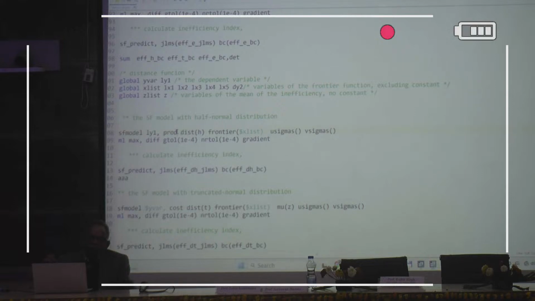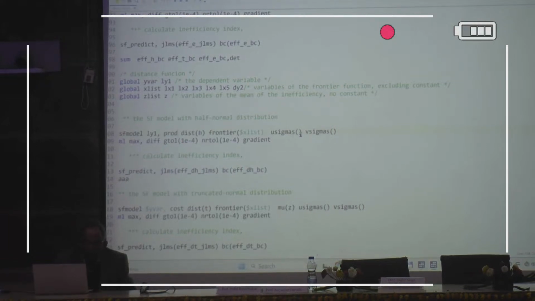Okay. So then again, you can see that it's not only the production function and cost function, but input distance functions and output distance functions can basically be estimated exactly the same way. With z variable, without z variable, the only thing that you do is put the z variable that you want in your model in these sigmas in here. And again, these sigmas I didn't mention.